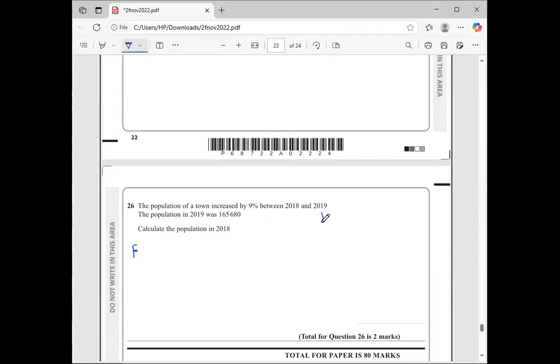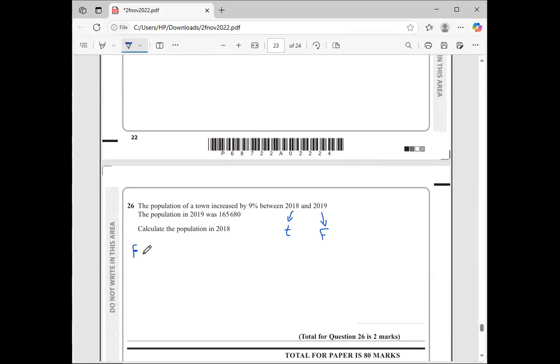So 2019 is represented by the letter F, and 2018 is represented by the letter T. Let me just use T to make it easier. Or in fact, we don't need the letter for 2018.